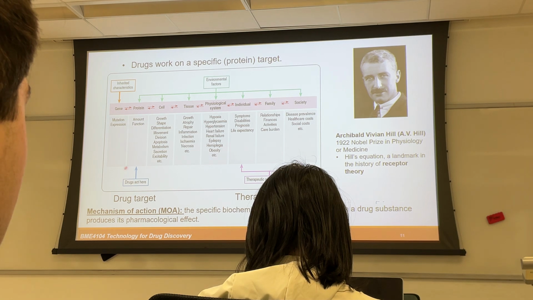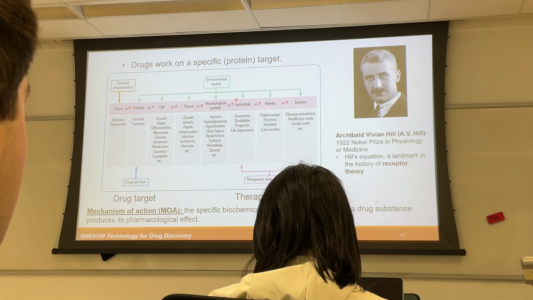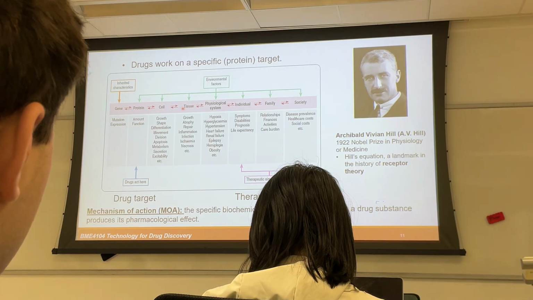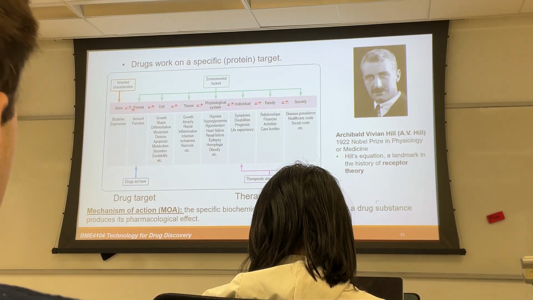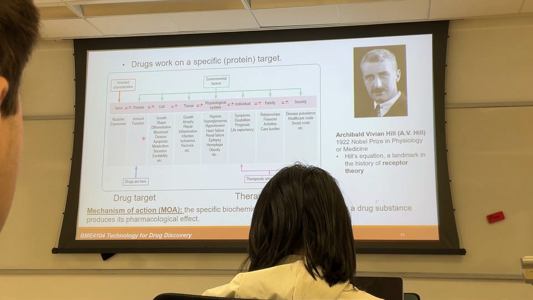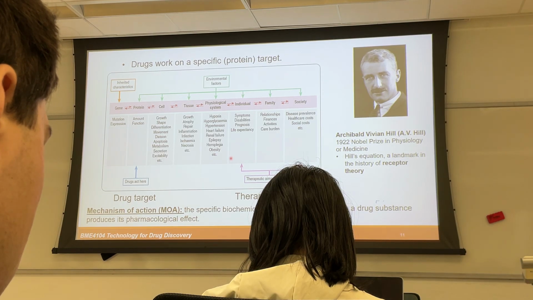However, the real mechanism of how a drug works targets something much smaller. Humans are made of organs, tissues, and tissues are made of cells, and cells are made of proteins. And drugs actually work on this protein level to cure whatever is showing up, which is the disease.